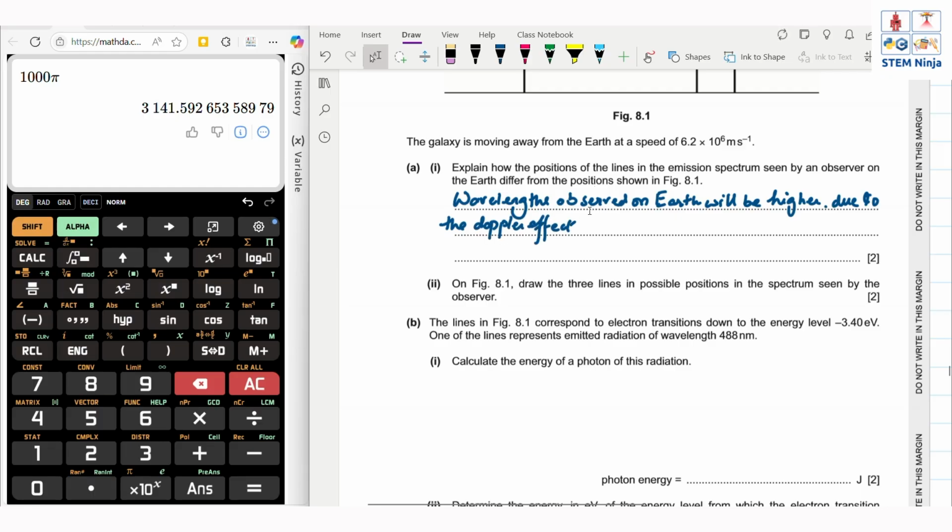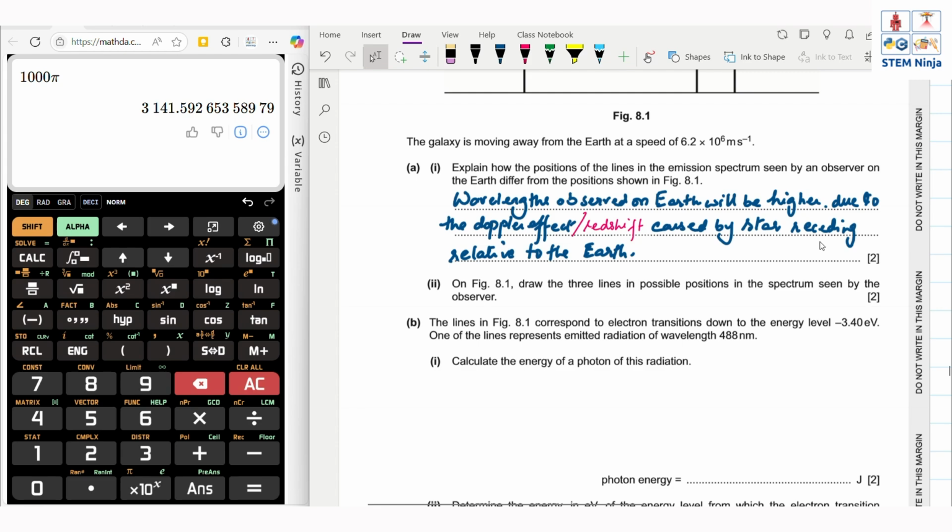Instead of Doppler effect, you could alternately say redshift caused by the star receding relative to the Earth, or moving away from the Earth.